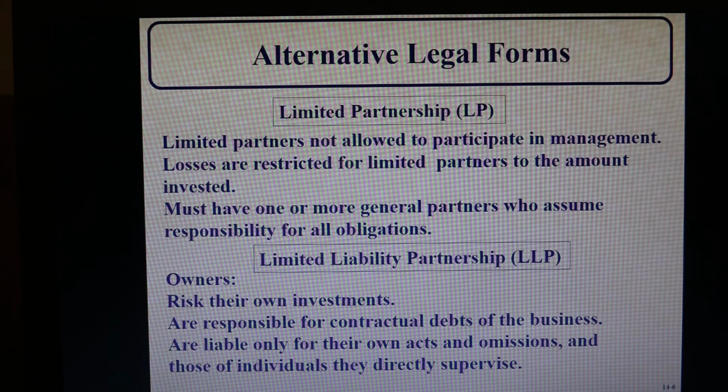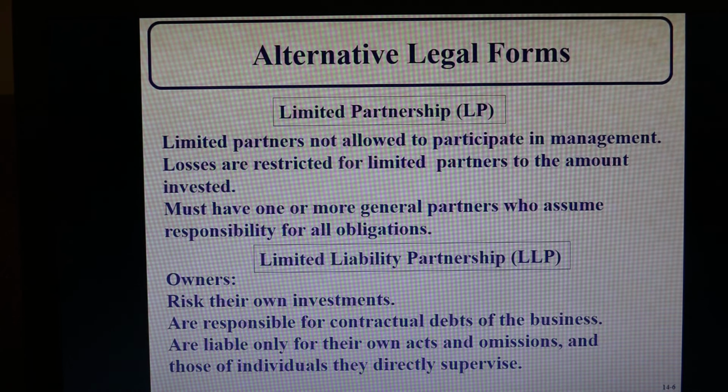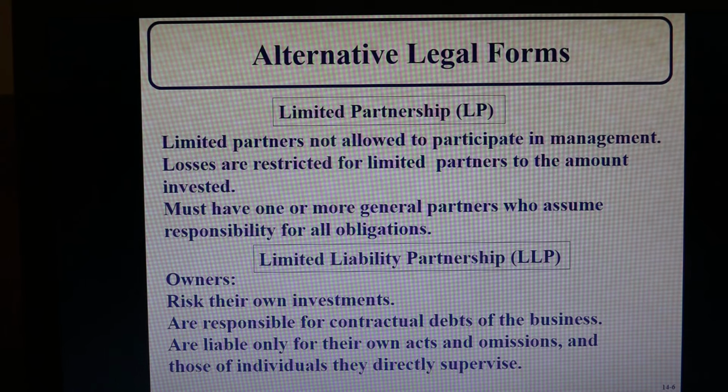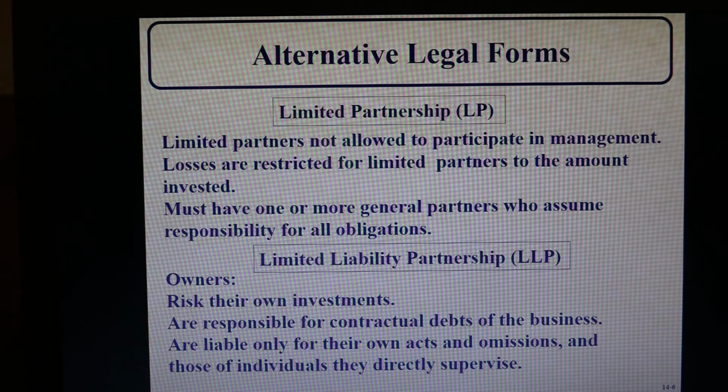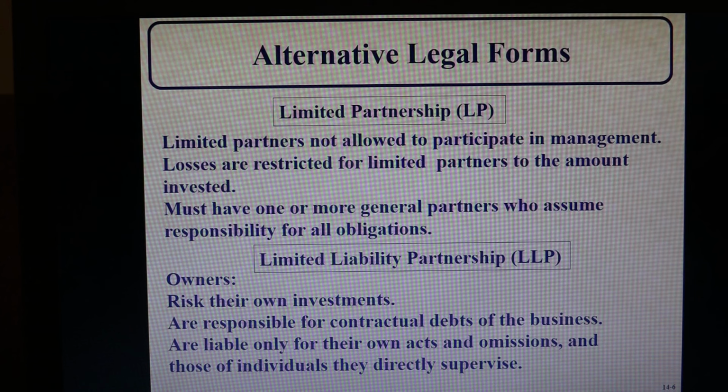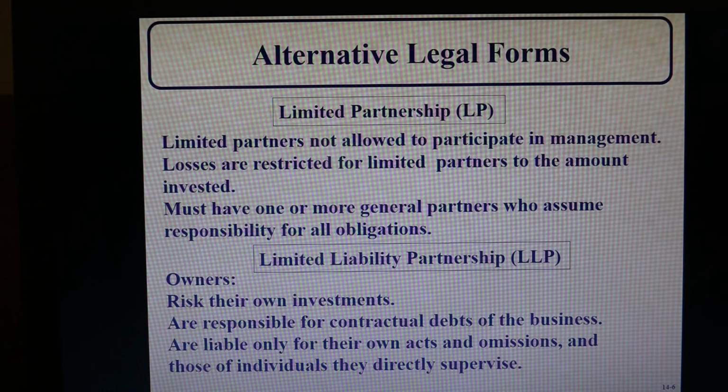One that's used with professional organizations such as accounting firms and law firms and medical firms is the limited liability partnership. Now, they risk their own investments. That's not a surprise there.